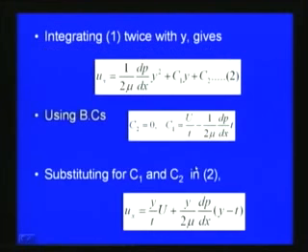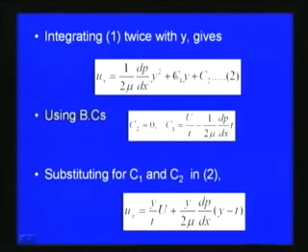To find these two unknown constants c1 and c2, if we apply the first boundary condition at y equal to 0, these terms go, and we get c2 is equal to 0. If we apply the second boundary condition at y equal to t, u equal to U, then we get c1 is equal to U by t minus 1 by 2 mu dp by dx into t.